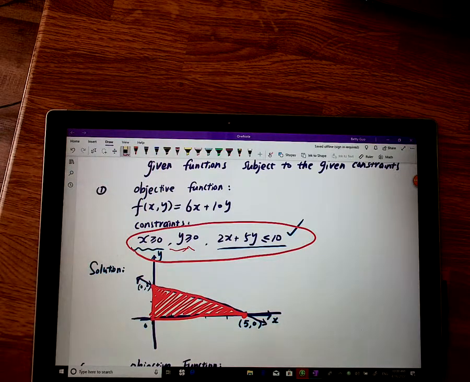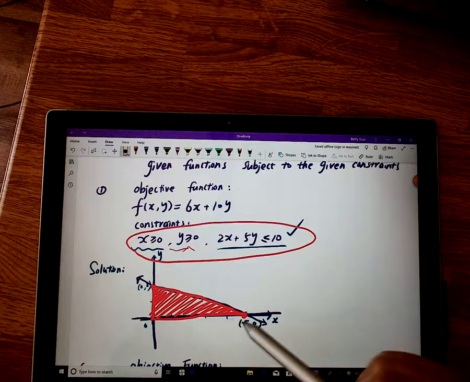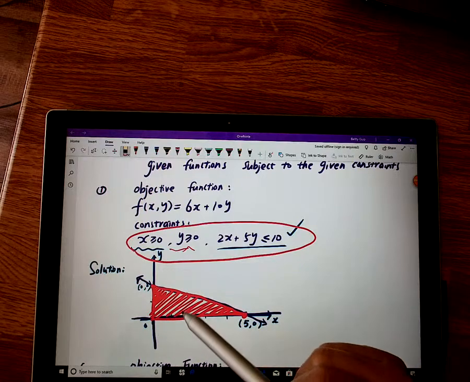This is very straightforward. Step 3, evaluate the function at each of the vertices of the feasible region and compare the values found. If the feasible region is bounded, the optimum value of the function will occur at a vertex. The feasible region is bounded in this case, right?